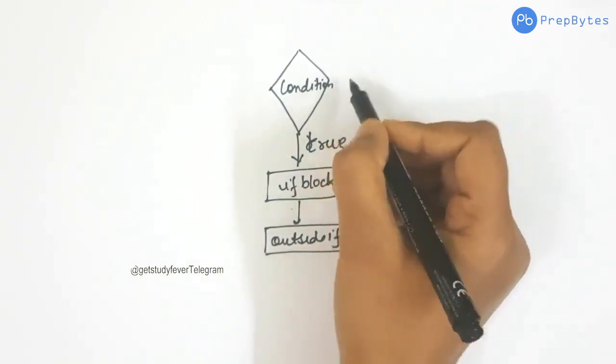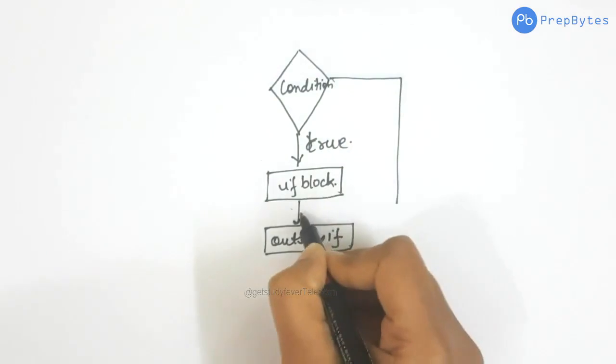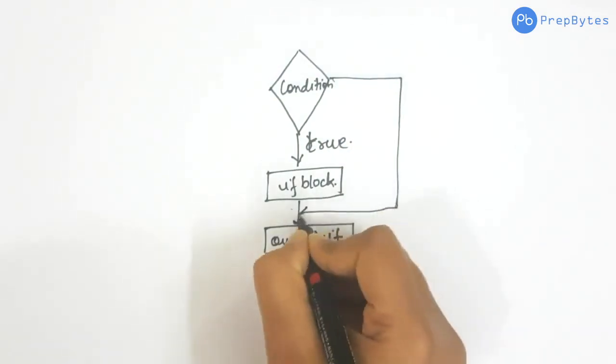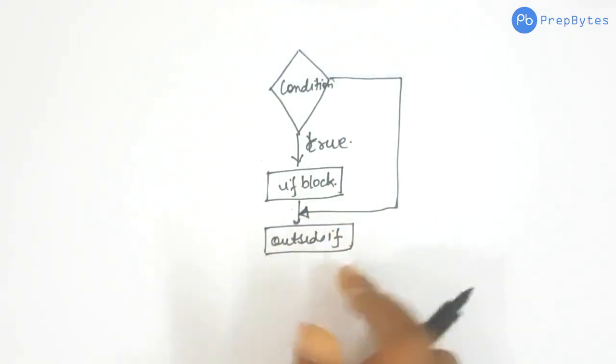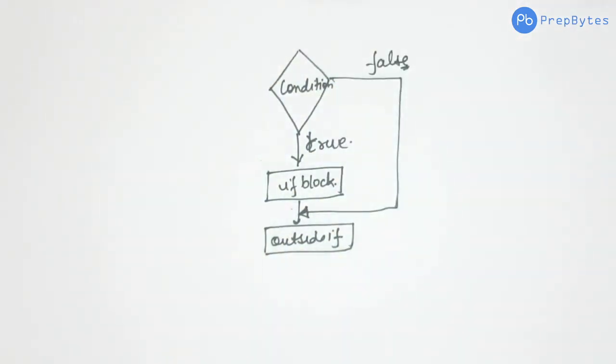But if this condition is false, then this if block is skipped and whatever is after this if block gets executed. So this is how the if condition works.